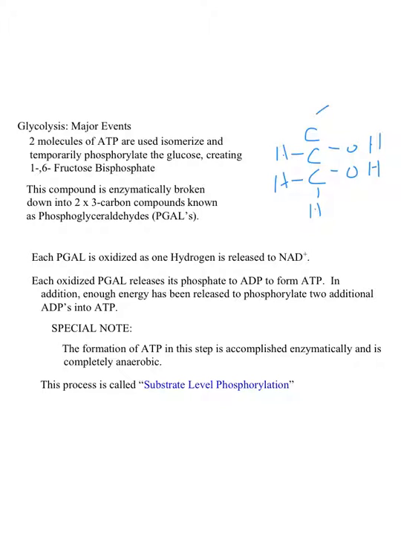So to be an aldehyde, we're going to have a double bonded oxygen over here and a hydrogen over here, right? And these are all single bonds between our carbons.